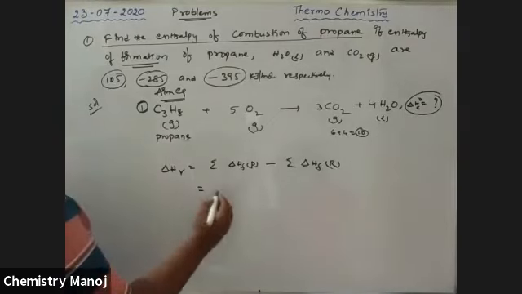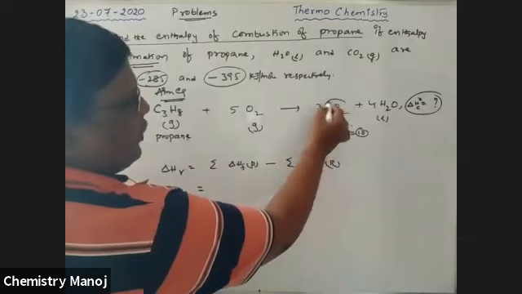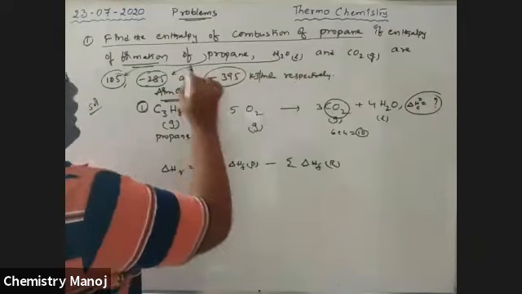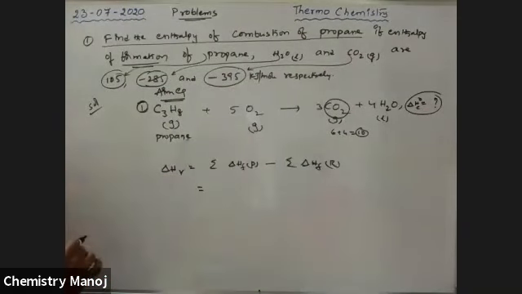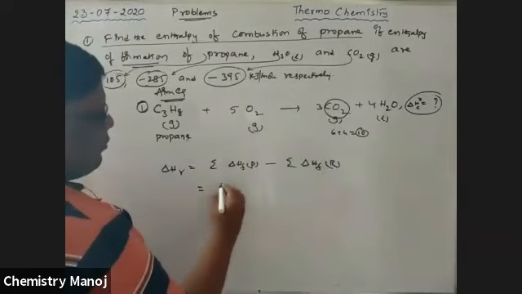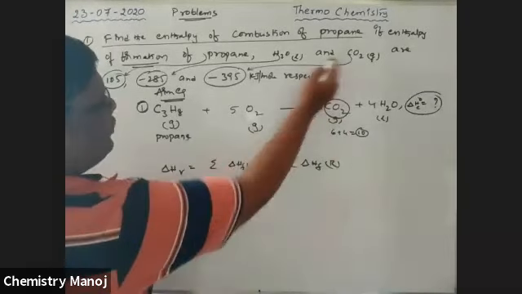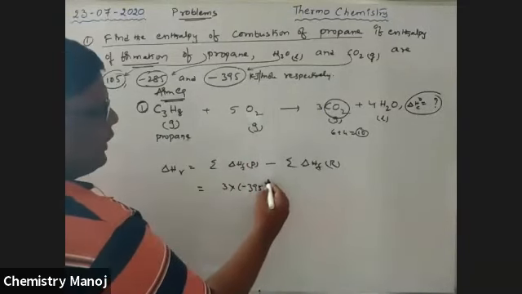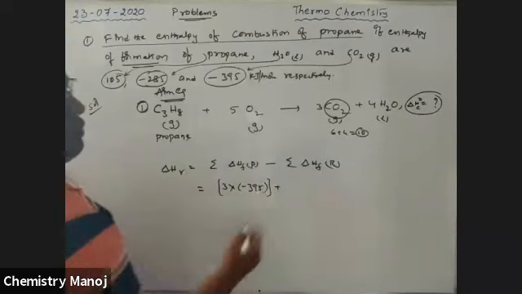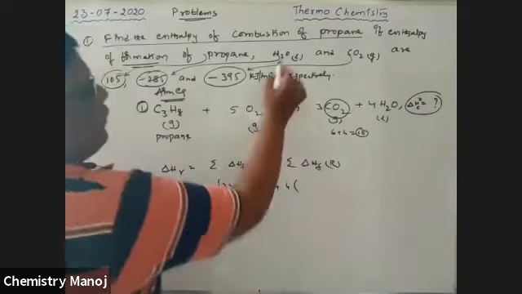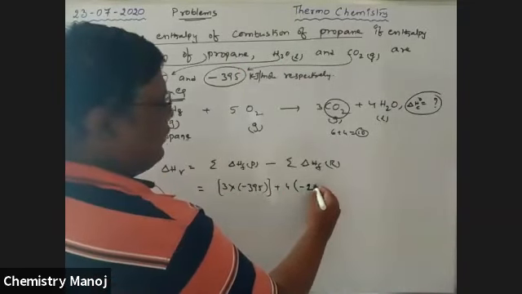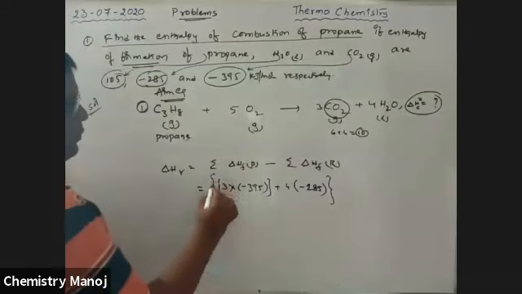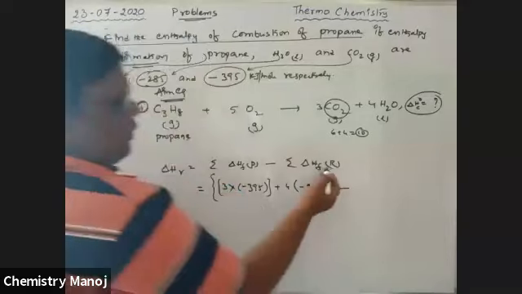That is equal to, so that is CO2 formation value. So 3 moles of CO2, 3 times minus 395, plus 4 molecules of water, 4 times minus 285. That is the total for products, minus reactants.